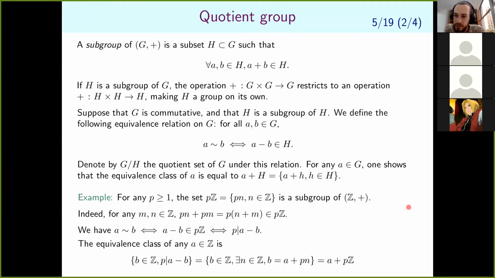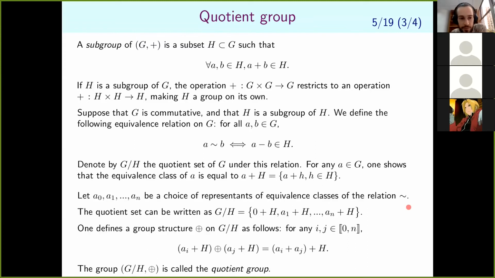And what happens is that this quotient set, the set of equivalence classes, can be given a group structure. I can write the quotient set as something like that. I choose a representative of each equivalence class. And now I define this operation plus on the quotient sets as follows.